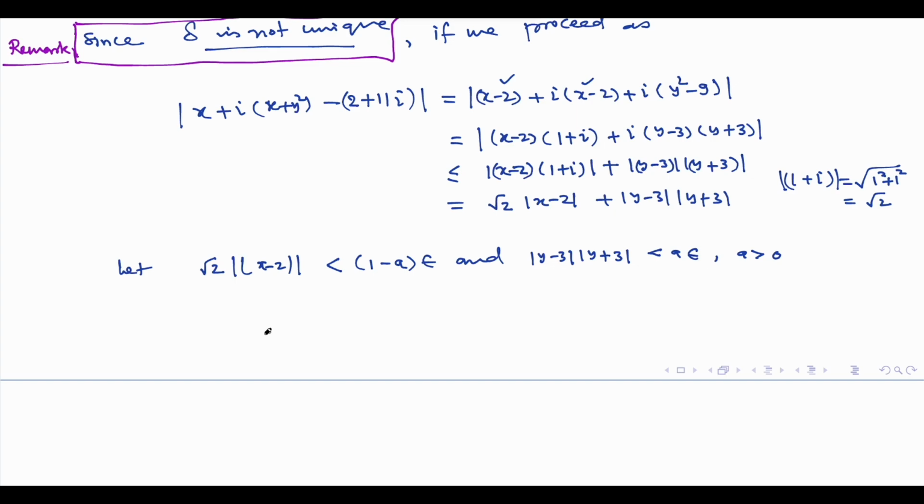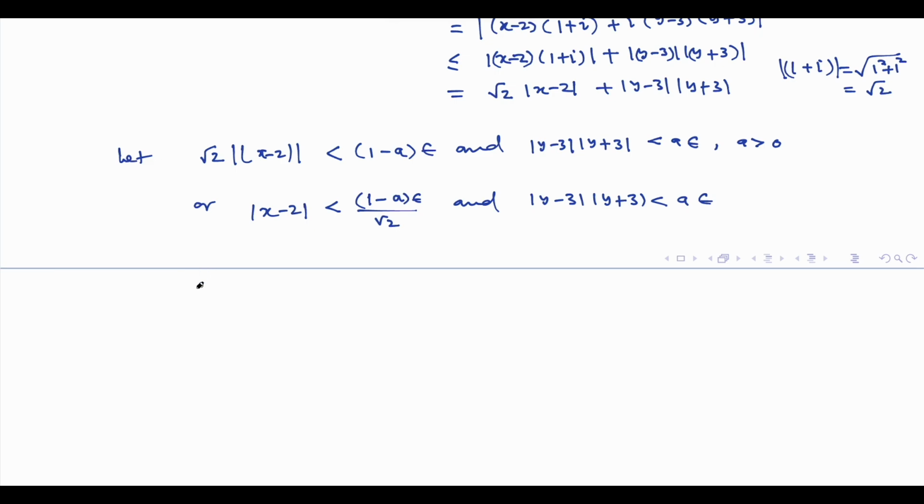Or else we can say that |x minus 2| is less than (1 minus a) divided by root 2 into epsilon, and |y minus 3| |y plus 3| is less than, as usual, a epsilon, right?